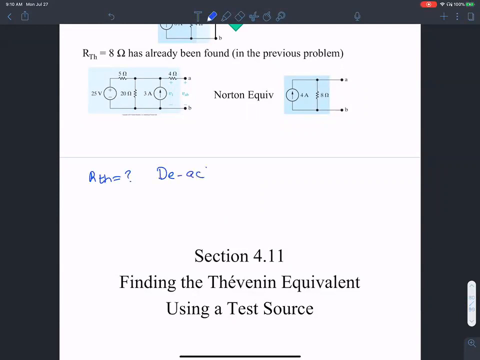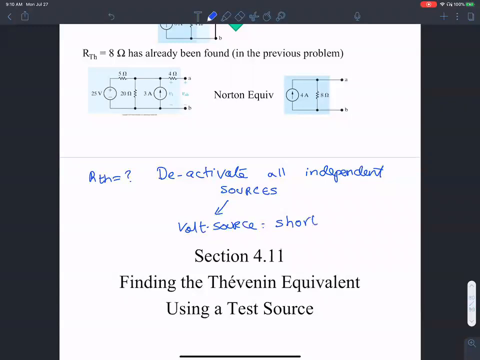Deactivate all independent sources. Meaning, if you have a voltage source, you're going to replace it with a short. If you have a current source, you're going to replace it with an open circuit.